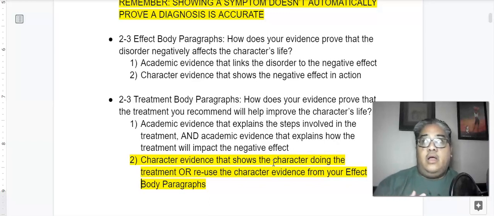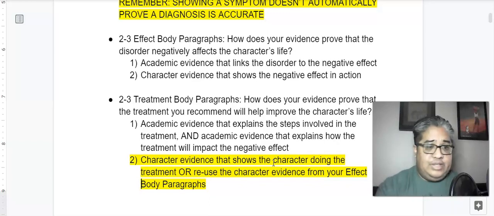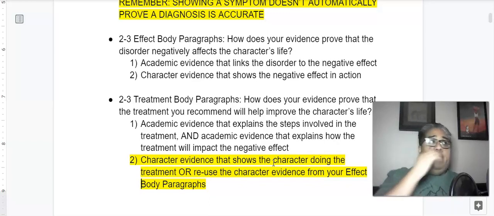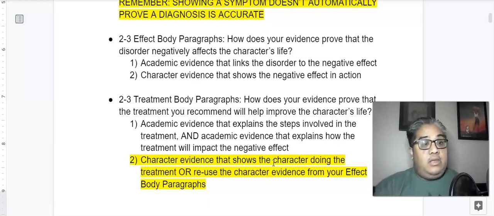Same thing with therapy. Therapy is not as simple as I go to a therapist and I talk to the therapist and I feel better, and everything is fixed, right? There's usually 2 or 3 steps that are involved, that make the therapy valuable in terms of improving a person's quality of life.